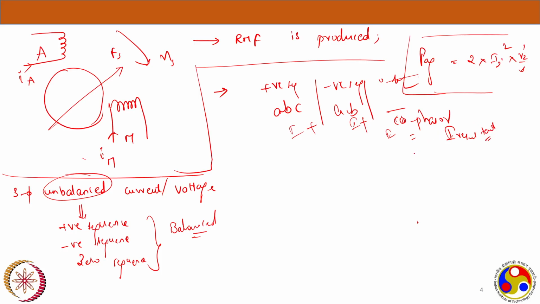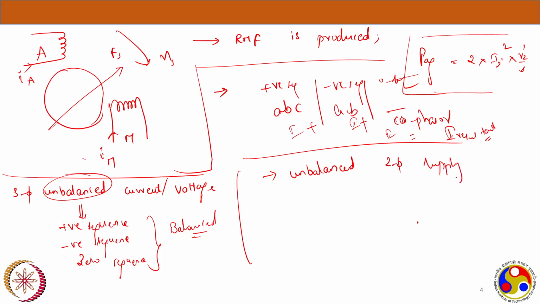Now, in the case of not balanced, if you have an unbalanced two-phase system, again you have to go for sequence components.